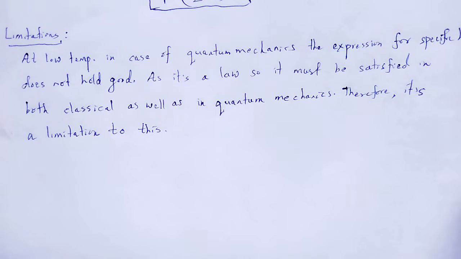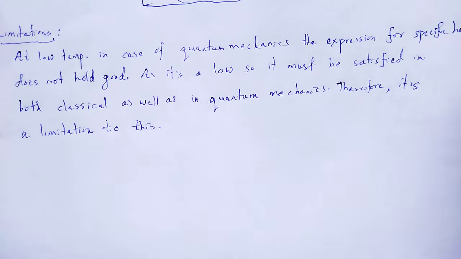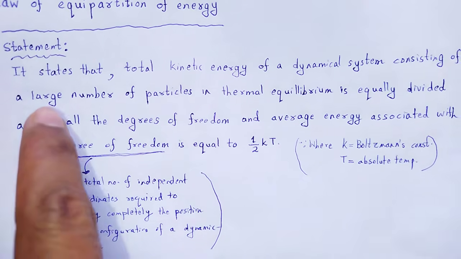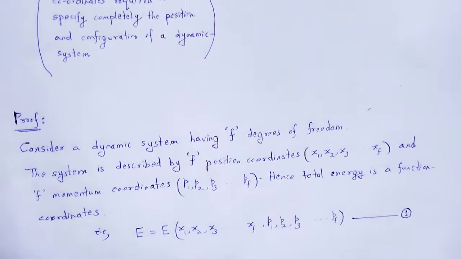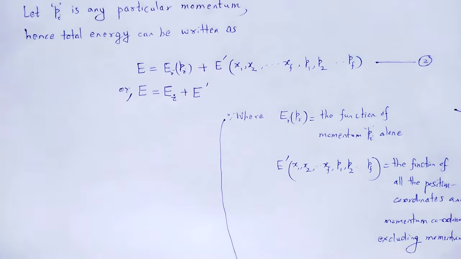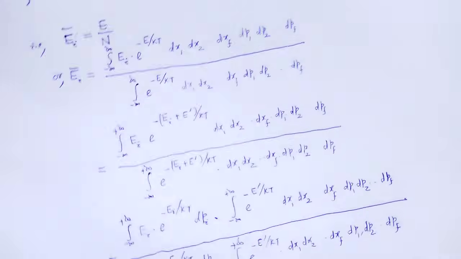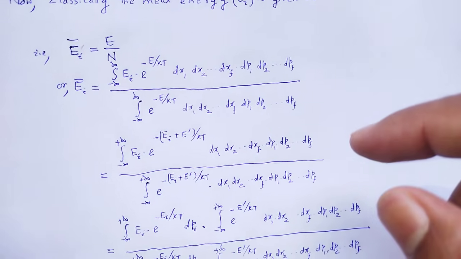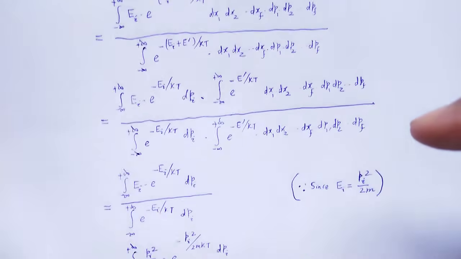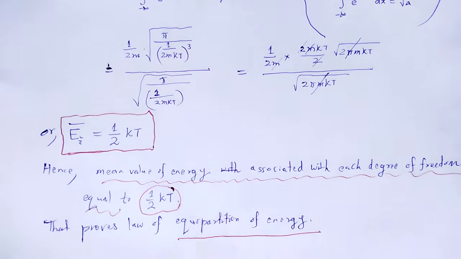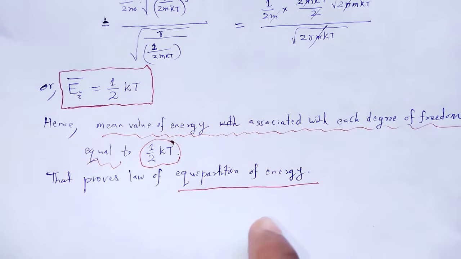So, here with the help of this video lecture, we understand the concept of the law of equipartition of energy: statement, proof, and mathematically we prove it as average energy is equal to half kT for each degree of freedom.